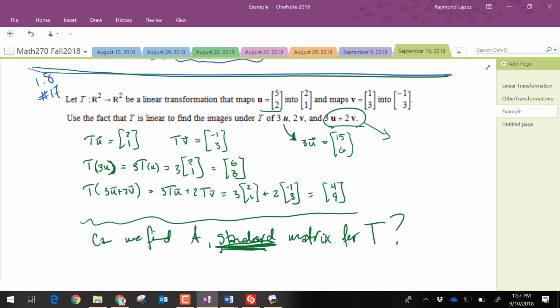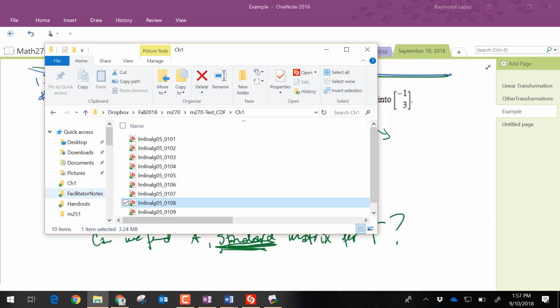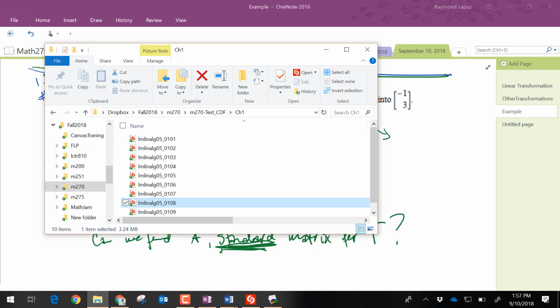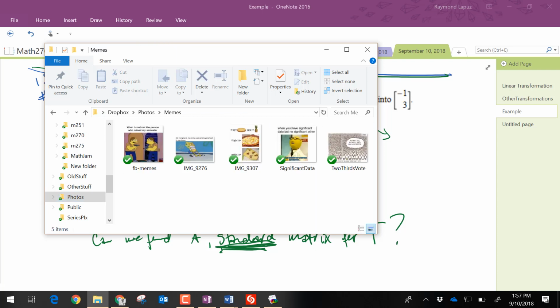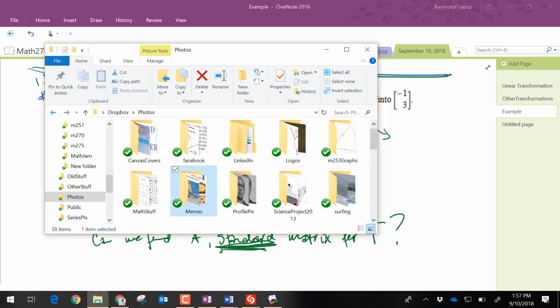I have this meme. I've been collecting memes. Let's see if I can find the meme. Just wasting time here now. Oh, it's not even here. Where is it? Facebook?